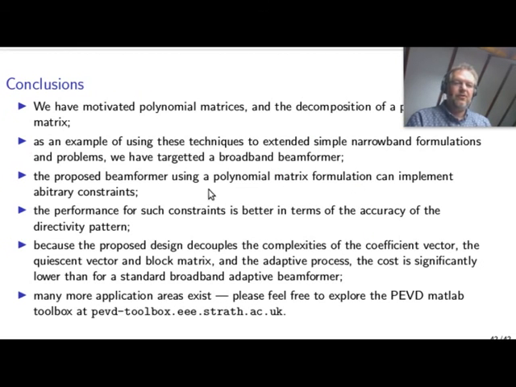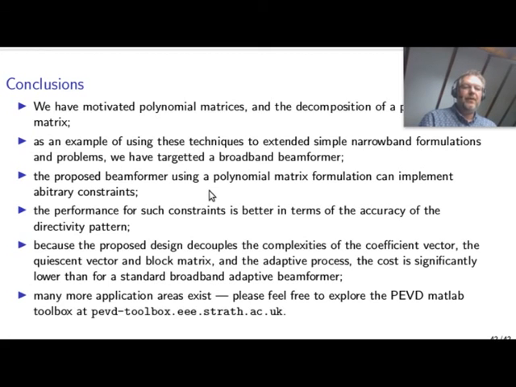So to summarize, in this keynote, I've hopefully warmed you a little bit towards solutions for broadband multi-sensor problems using polynomial matrices. Particularly, we've looked at matrix factorizations that evolve around the space-time covariance matrix, which satisfies this Parahermitian property.